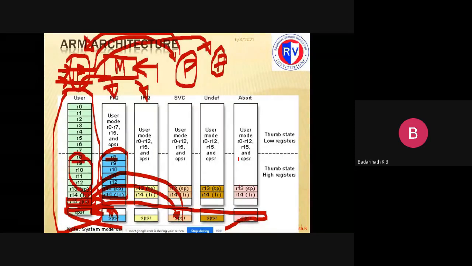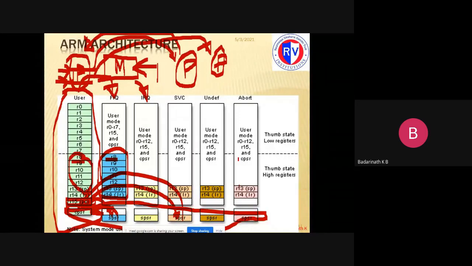In the user and system mode, you have the 16 registers R0 to R15, and to enhance the approach, another set of R8 to R14 registers only in FIQ mode, and to enhance the throughput of the system, R13 and R14 are physically present separately in every mode, in 6 modes.